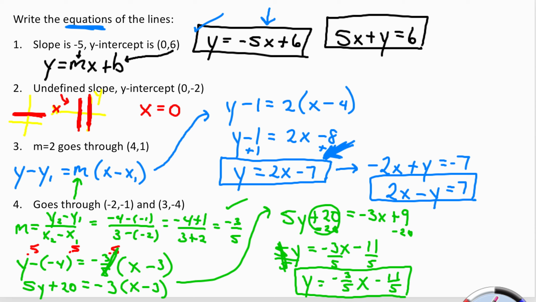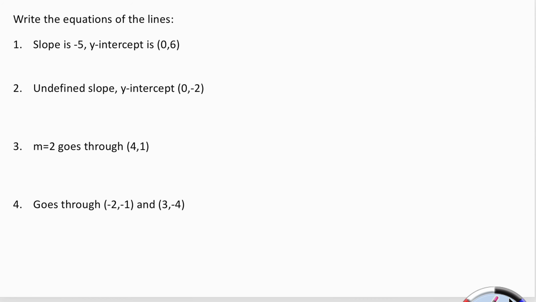Okay, let's go back up and let's say we had an equation with slope is 0 and it goes through the point 2, 5. As soon as I see that, oh, it's special. So I know it's either a line that goes this way or this way, right?